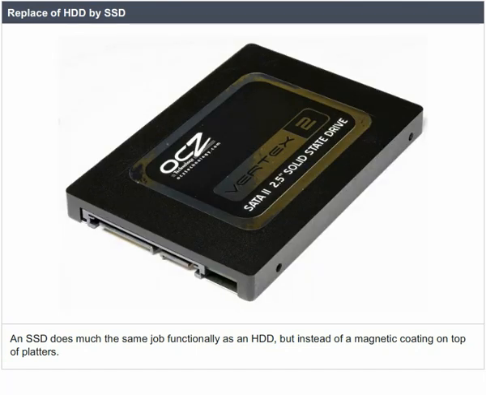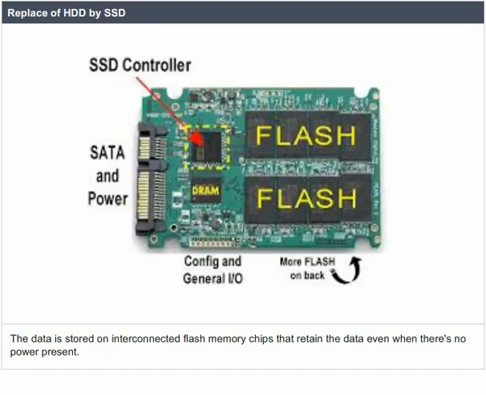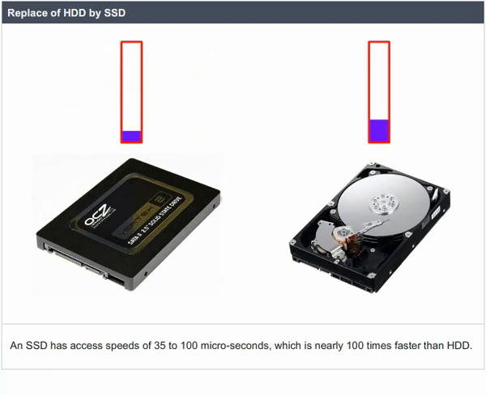An SSD does much the same job functionally as an HDD, but instead of a magnetic coating on top of platters, the data is stored on interconnected flash memory chips that retain the data even when there is no power present. An SSD has access speeds of 35 to 100 microseconds, which is nearly 100 times faster than HDD.